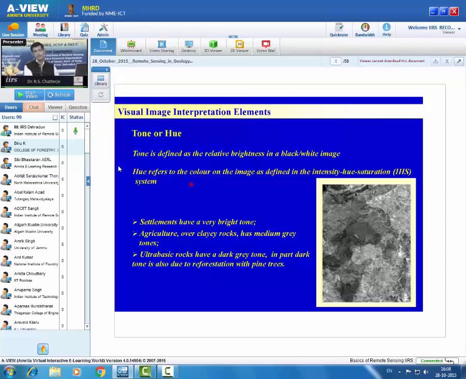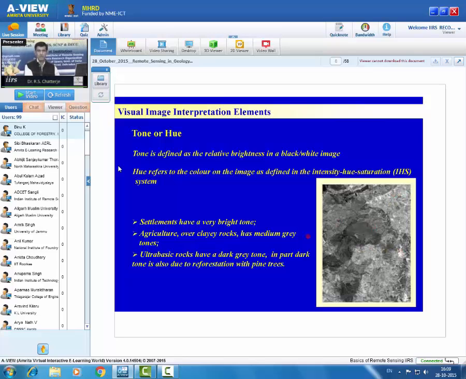Whereas if we use a color image or multispectral color composite, in this case the color of the object in the image is very, very important. This color is defined in the intensity hue saturation system. So color of the object will be important, but in this case we are mostly studying very elementary things, the tone of the object. Here you can see the settlements, some of the settlement areas show very bright tone.